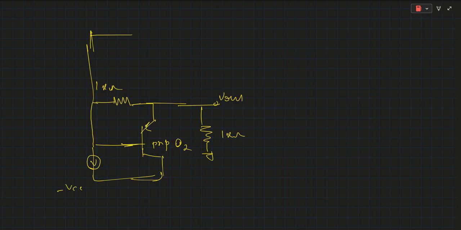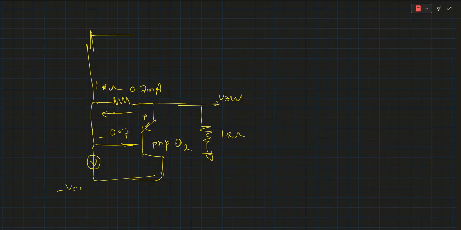This is Q2. Now this voltage is 0.7 volt, and we can say the current flows in this direction, which is 0.7 milliampere.